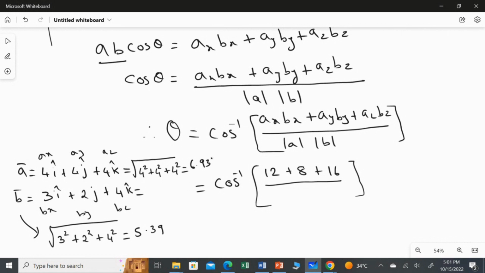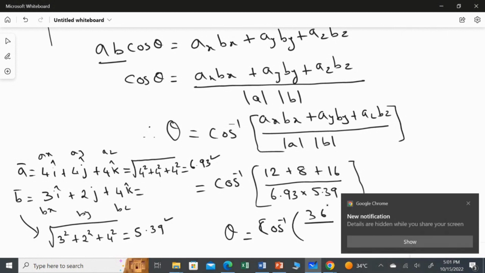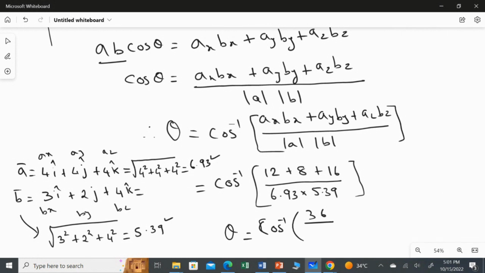So I'm going to take the magnitude of A and the magnitude of B here. The magnitude of A is 6.93, multiplied with 5.39. Substitute the values in this formula and we get the answer. So cosine inverse of 12 plus 8 plus 16, which gives the value of 36, divided by 6.93 multiplied by 5.39.